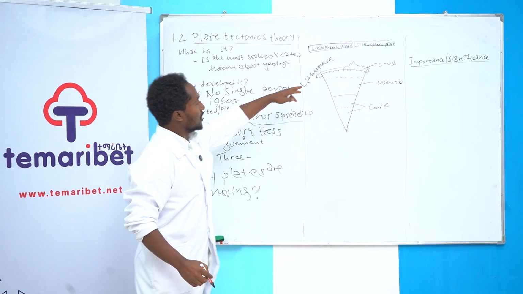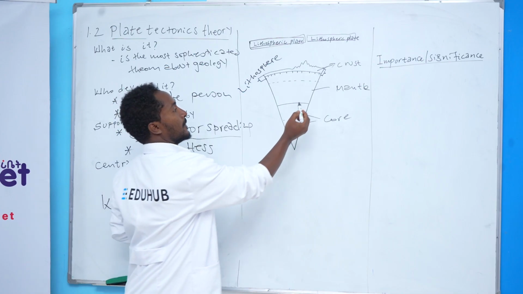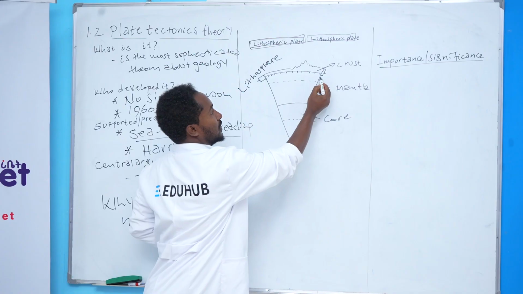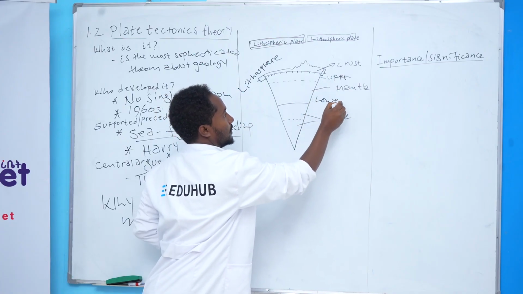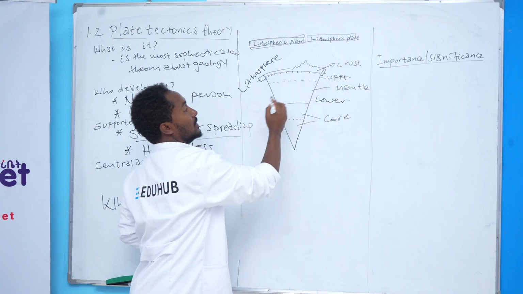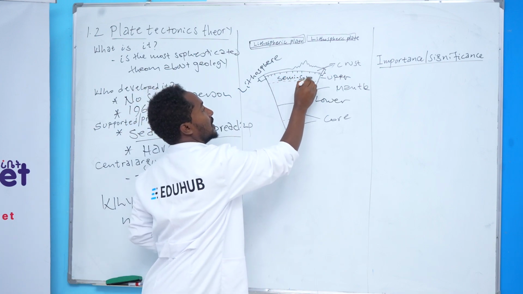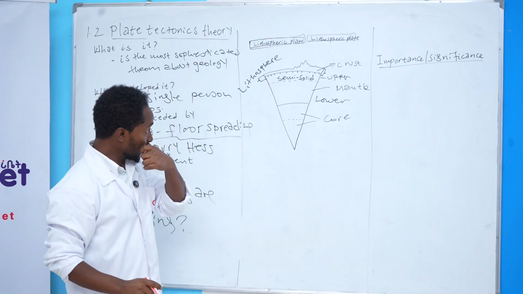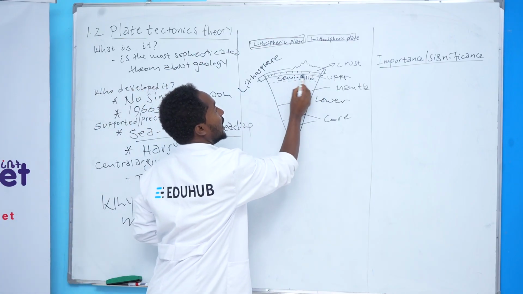Okay, look, in this structure of the earth, the mantle is divided into upper and lower. Upper mantle is a semi-solid material. This semi-solid material consists of one special layer.